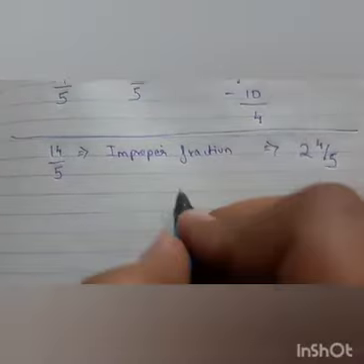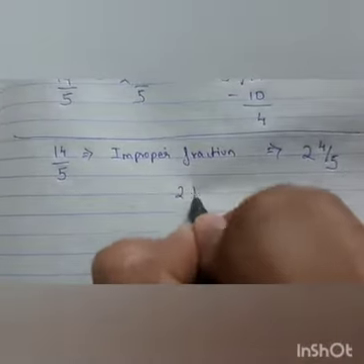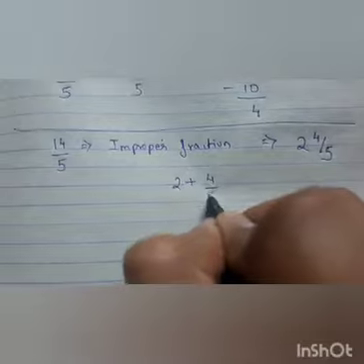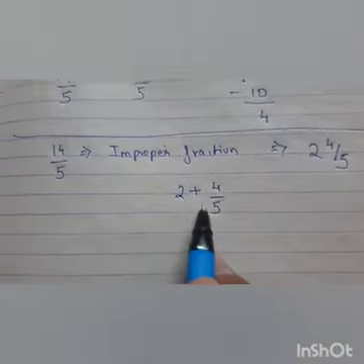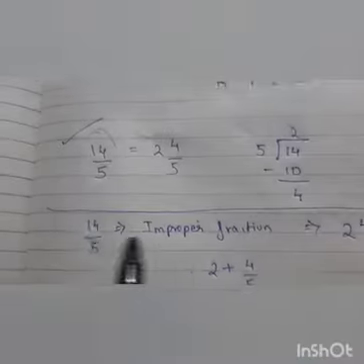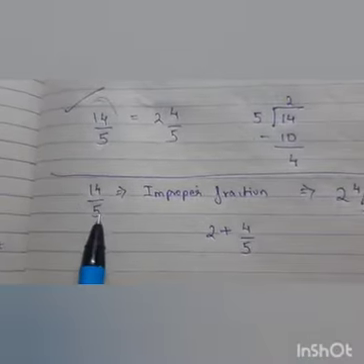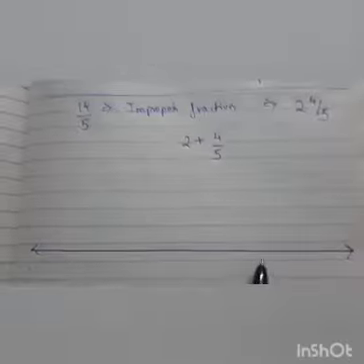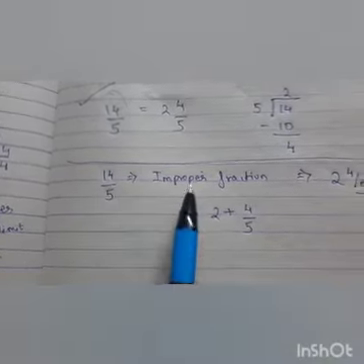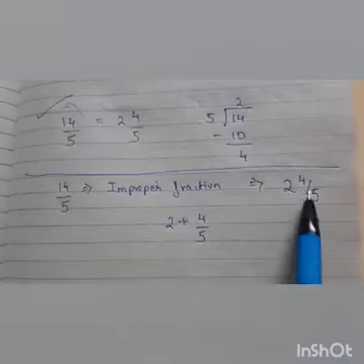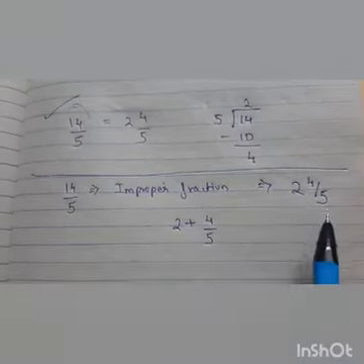Or you can also write it as 2 plus 4 upon 5. Now see, why are we writing it in the form of 2 plus 4 upon 5? Because we need to represent 14 by 5 on this number line. Since 14 by 5 is an improper fraction, on converting it into a mixed fraction we got 2 whole number 4 by 5.